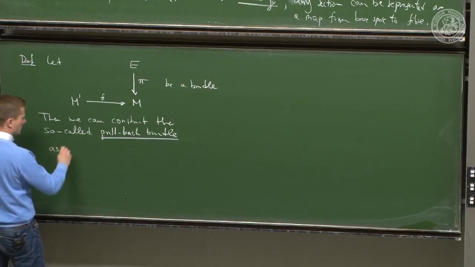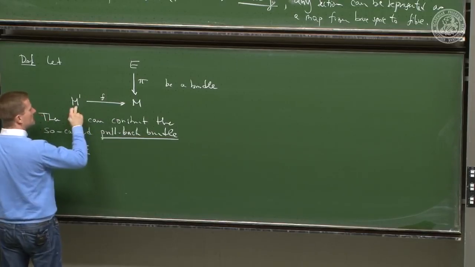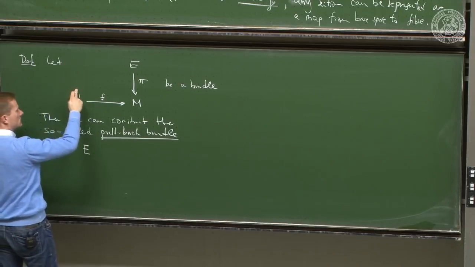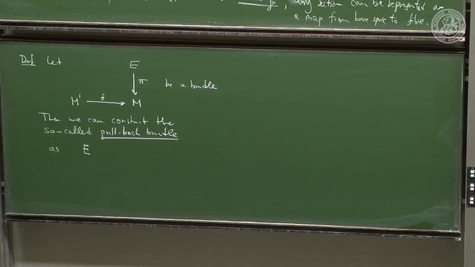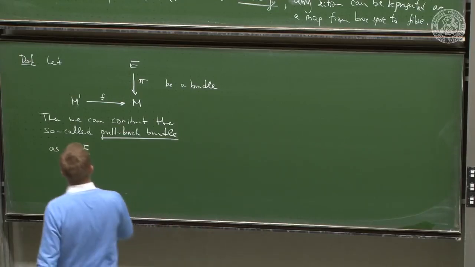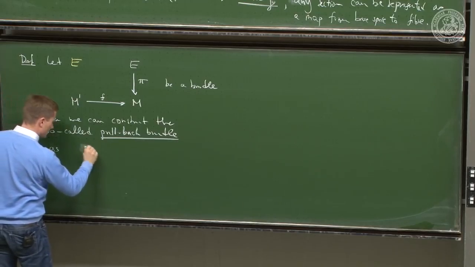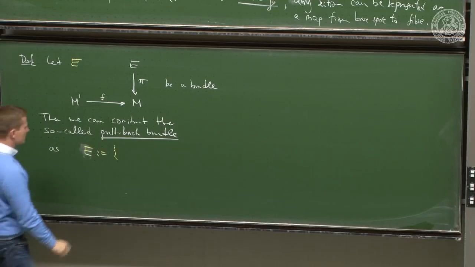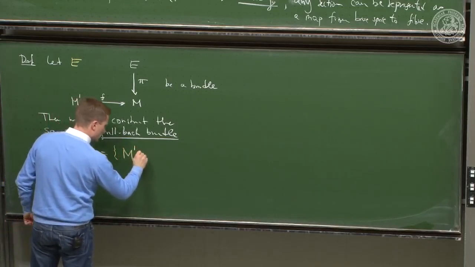What do I need to do? I need to give you the total space. So I already have the base space M prime of this pullback bundle, but now I need to construct over it the total space. This total space is constructed as M prime cross.